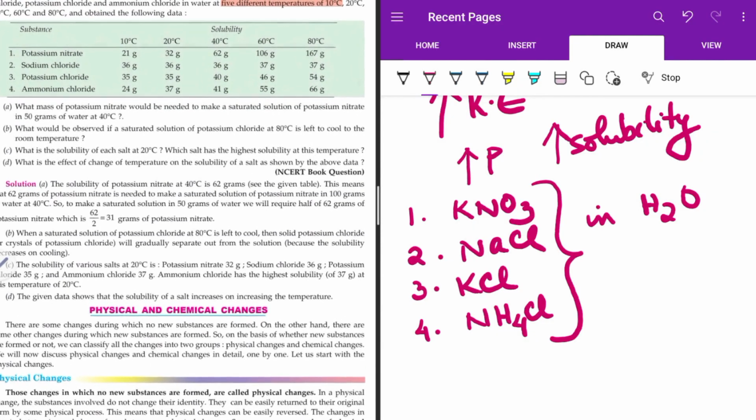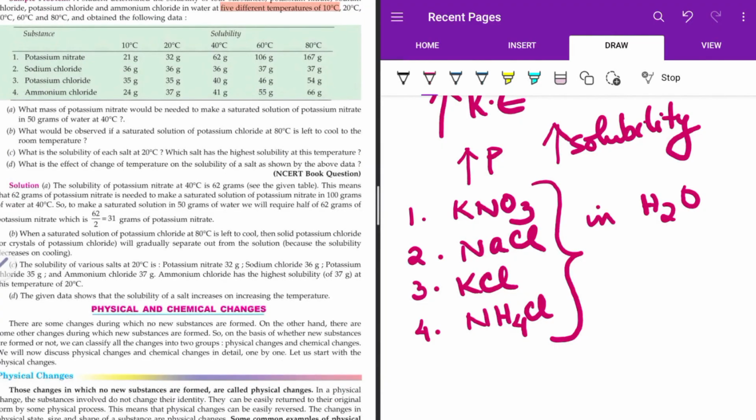Now the question says, first one, what mass of potassium nitrate would be needed to make a saturated solution of potassium nitrate in 50 gram of water at 40 degrees Celsius? So potassium nitrate at 40 degrees Celsius, we are seeing there the solubility is given 62 gram. Now by the term solubility, we understand this is the maximum possible solute that is dissolved in 100 gram of the solvent at a particular temperature.